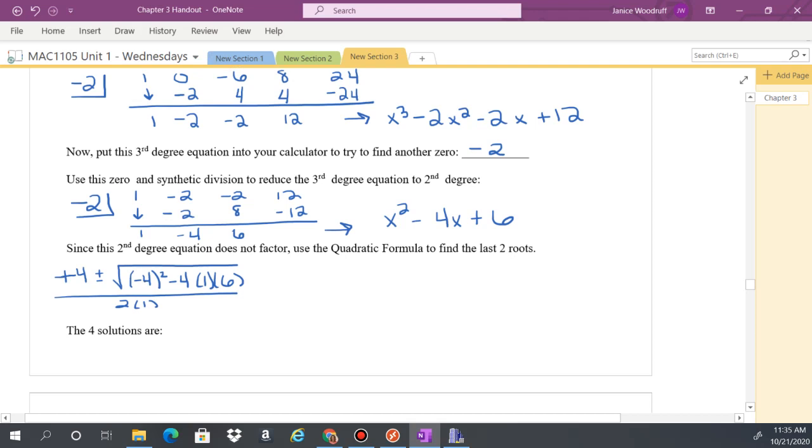All right, so inside the radical is going to give me negative 4 squared, positive 16, minus 24. So that's a negative 8. That's why I didn't see the graph crossing anywhere else, because I've got a negative under the radical.